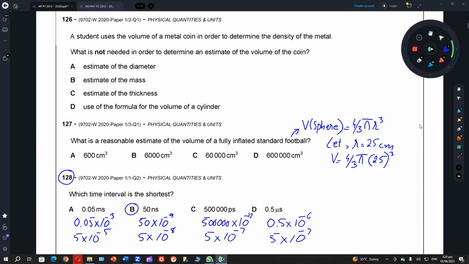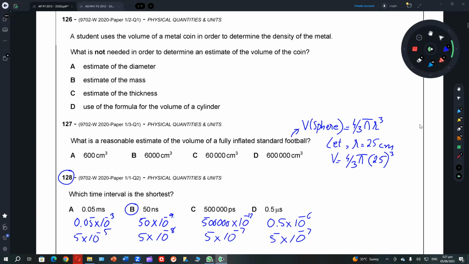If we get it in our options, almost like C. But hmm, won't it be closer to B? If we take 60,000 milliliters, it won't fit in a football. Even 60,000 is a big number. Almost, I think B is correct. B is the closest one.